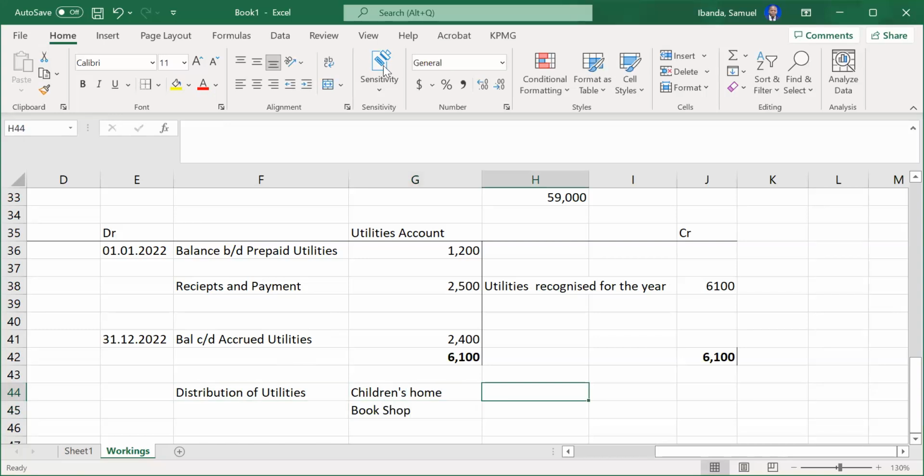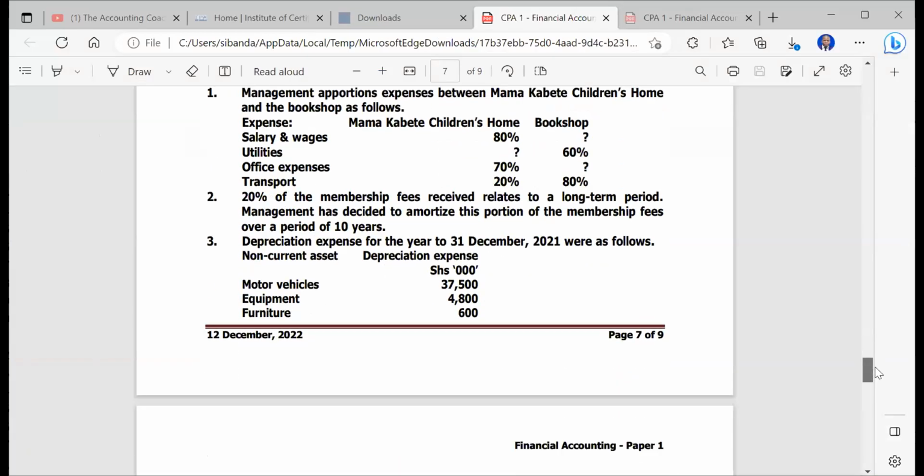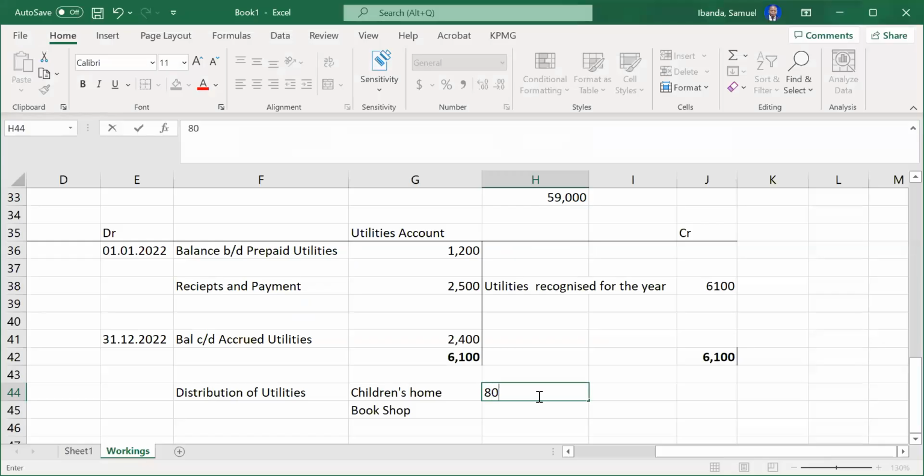So the children's home has 80%, well, this has 20%. So this is 80%. Well, this has 20%.